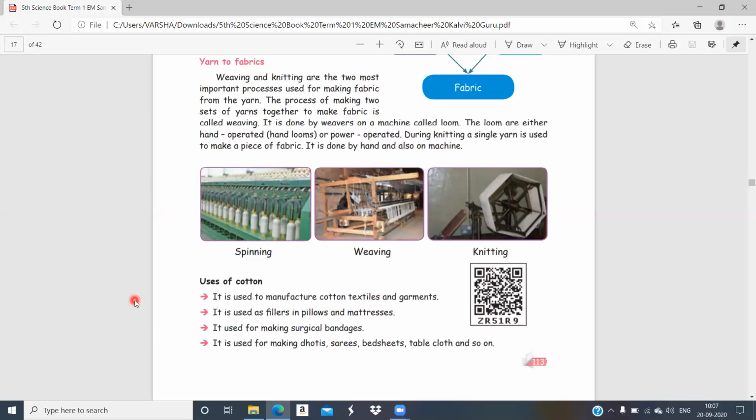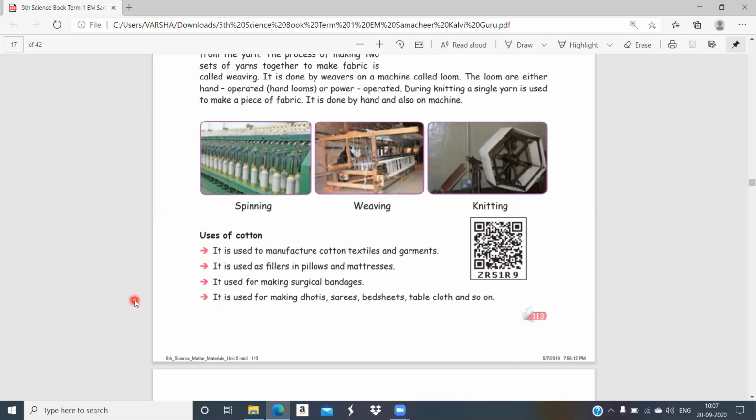Come, we can see what the uses of cotton are. It is used to manufacture cotton textiles and garments. It is used as filler in pillows and mattresses. It is used for making surgical bandages.